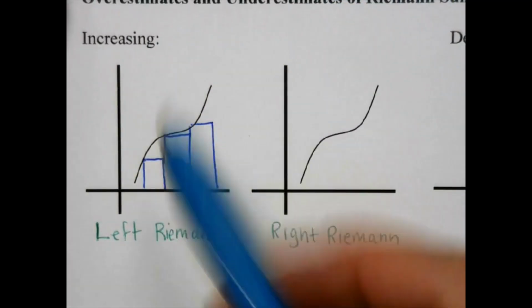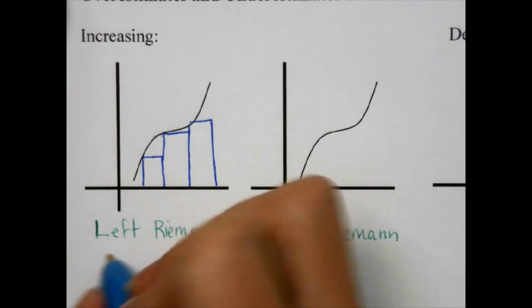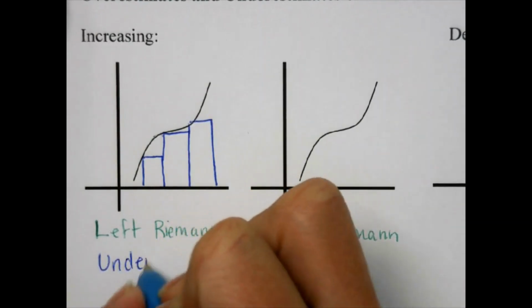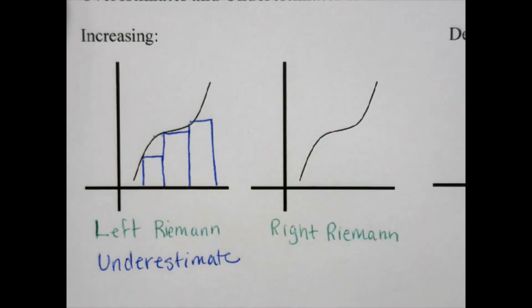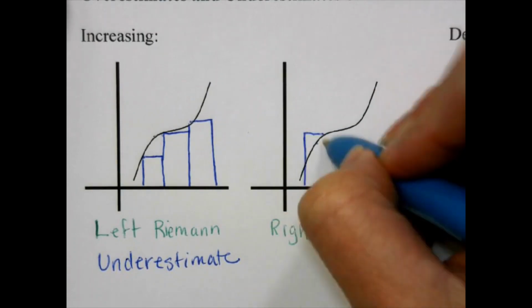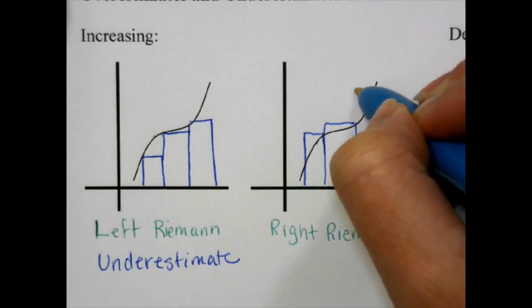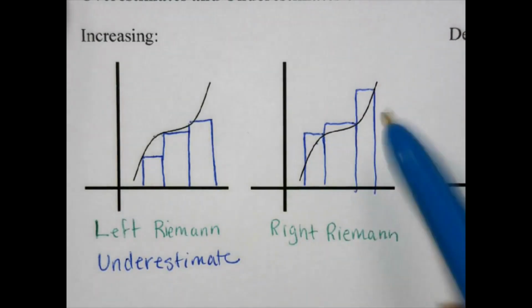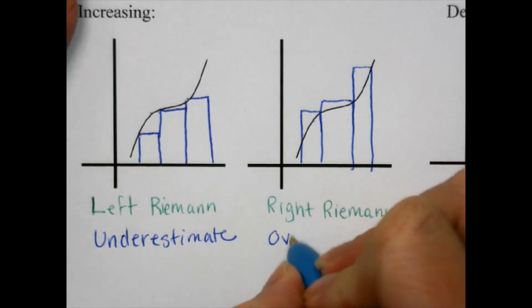So if I look here, we have area under the curve that's not being accounted for. So a left Riemann sum is going to be an underestimate. Versus a right Riemann sum, now I'm adding in extra area, so this is going to be an overestimate.